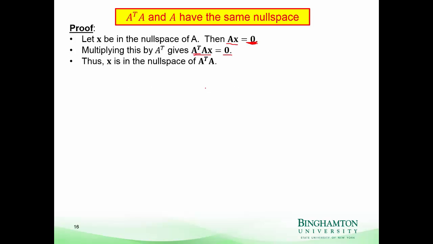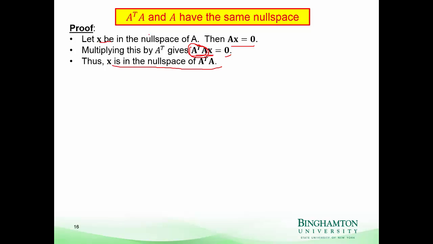So now we have that. And so what does that tell us? It tells us that X is also in the null space of A transpose A. That's what this says, right? If I take X and multiply it times this matrix, I get 0. So X does that for A, X does that for A transpose A. So X is in the null space.